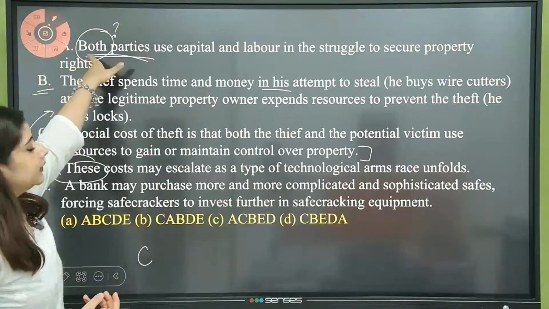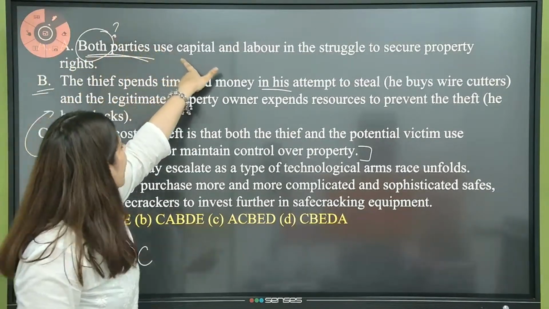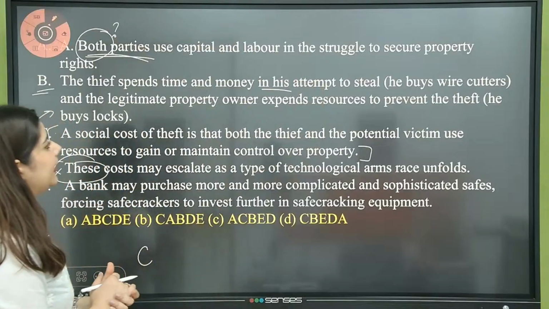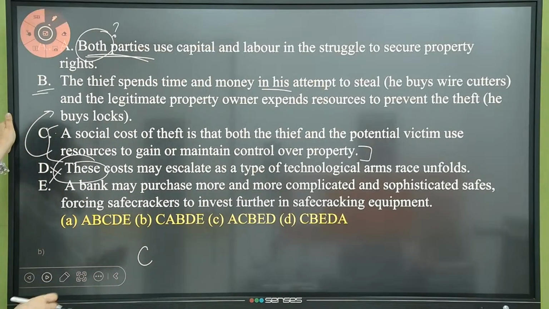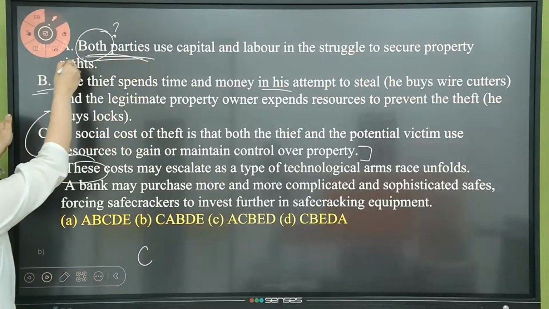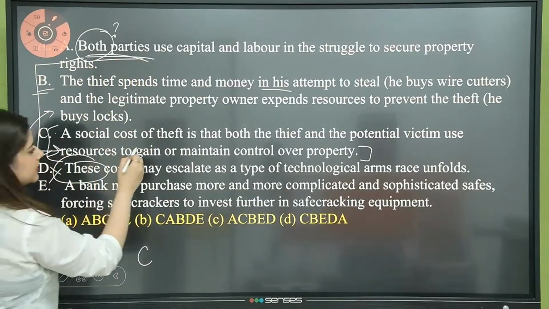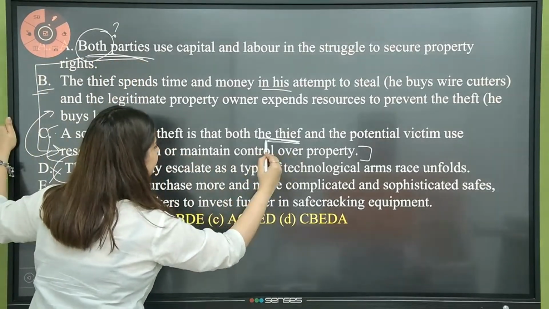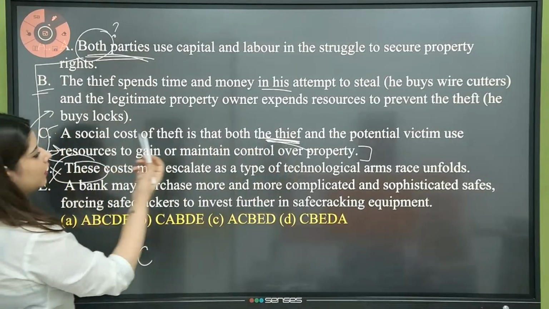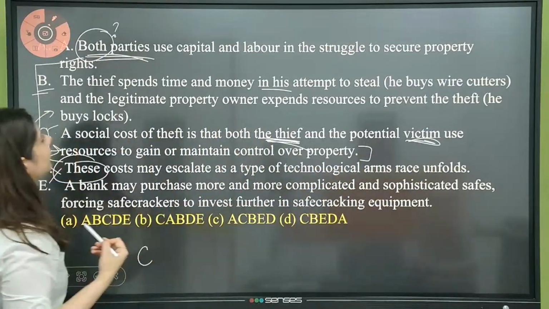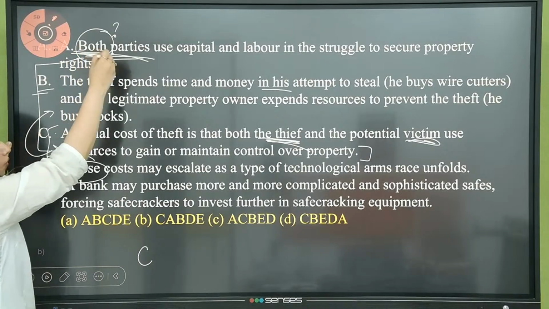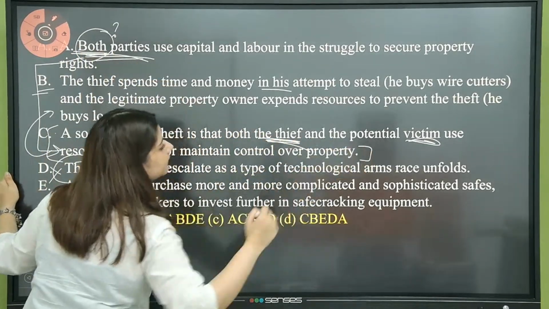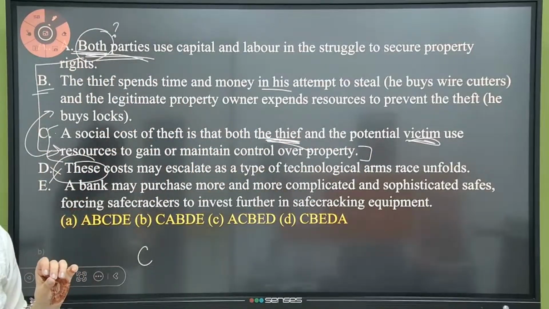How? Then it talks about both parties use capital and labor in the struggle to secure property rights. Both parties, so who is being talked about? The thief and the property owner or the potential victim. So here both points to the thief and the potential victim.